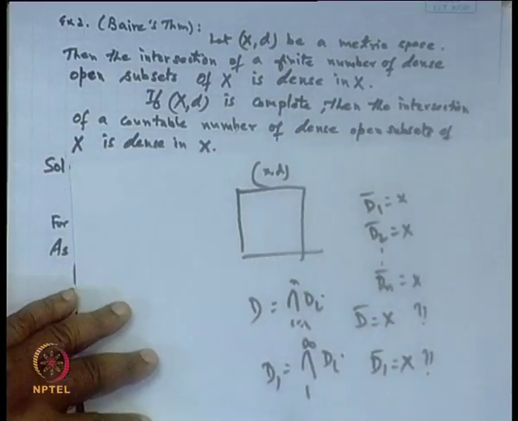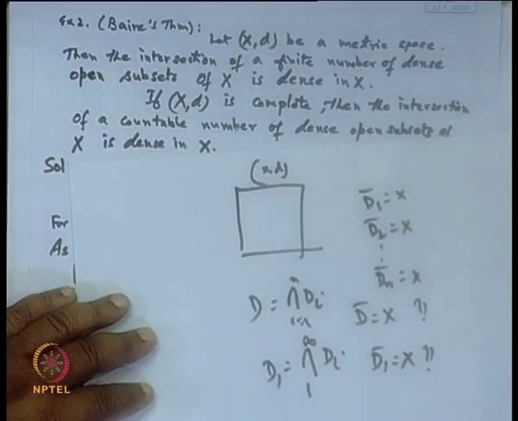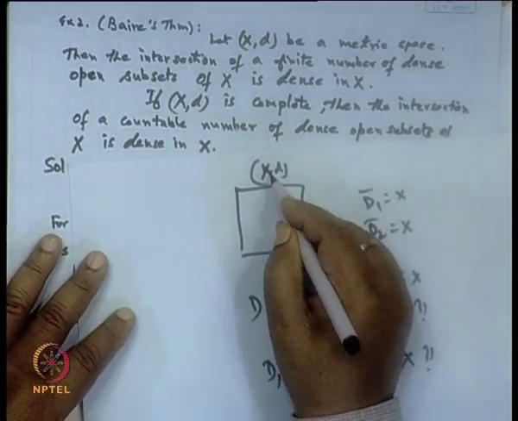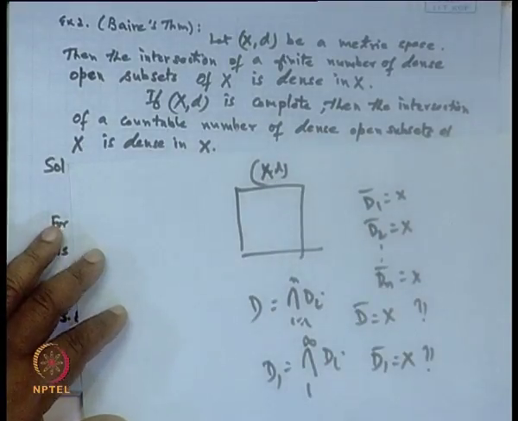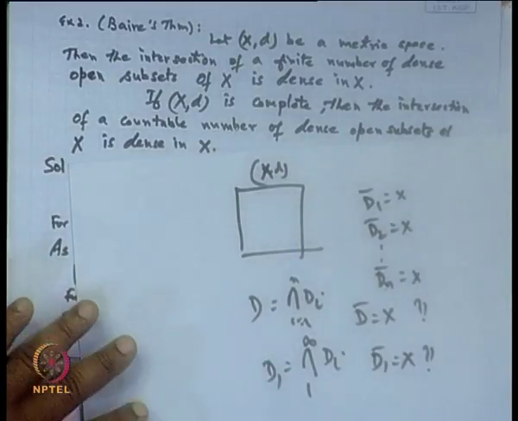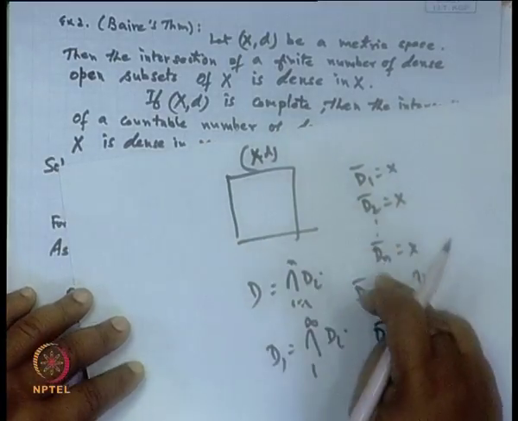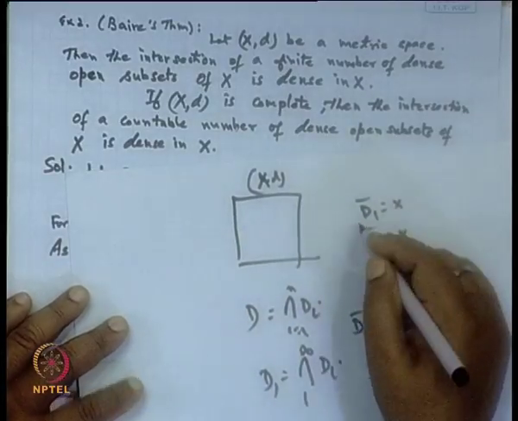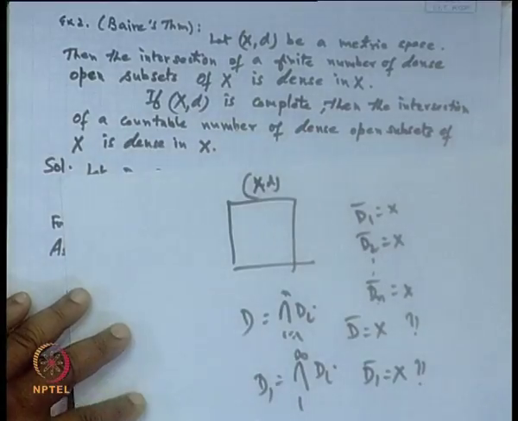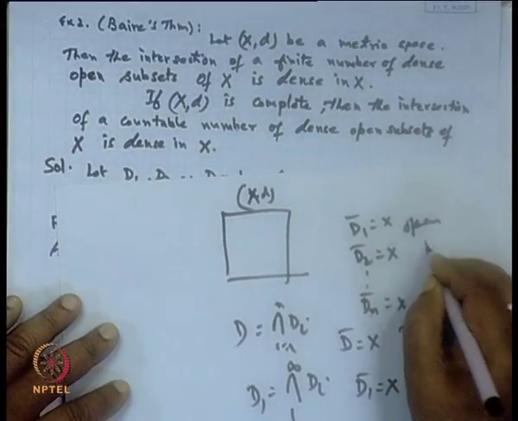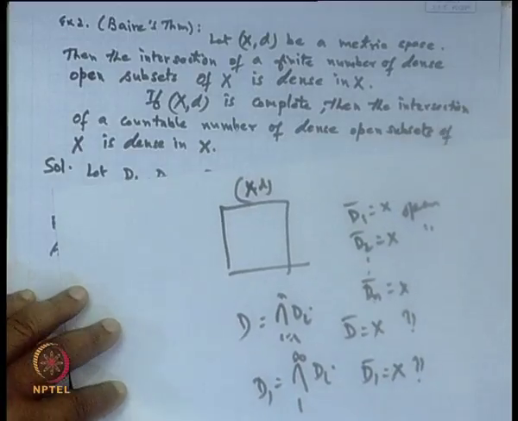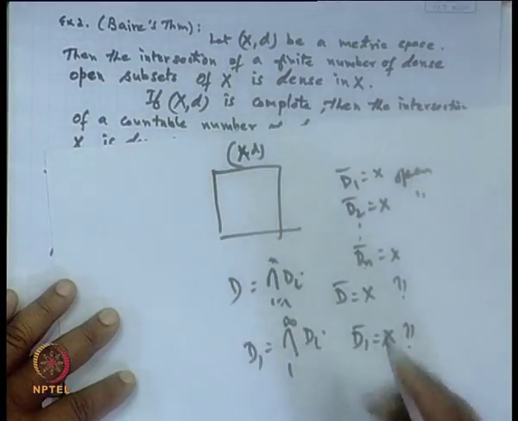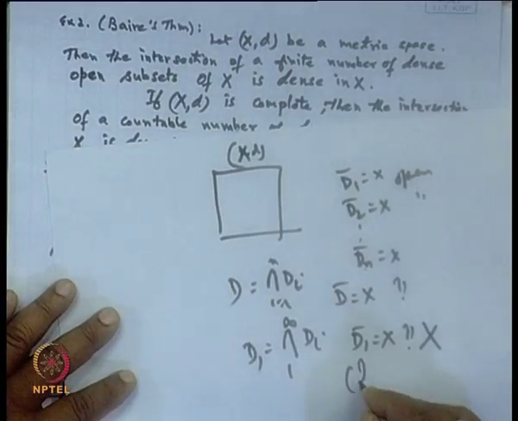These two questions are answered by Baire. What Baire told us is that whether X is a complete or incomplete metric space, if there are a finite number of dense open subsets of X, then the finite intersection of those will also be dense. Remember, openness is also important. However, if I do not take X to be a complete metric space, then the countable result is in general not true.